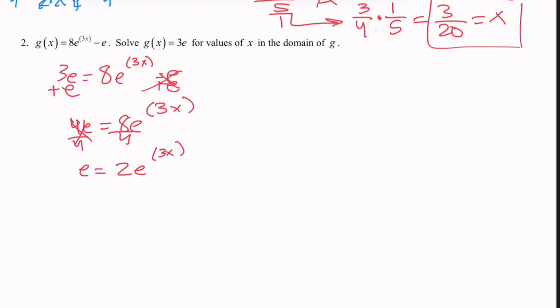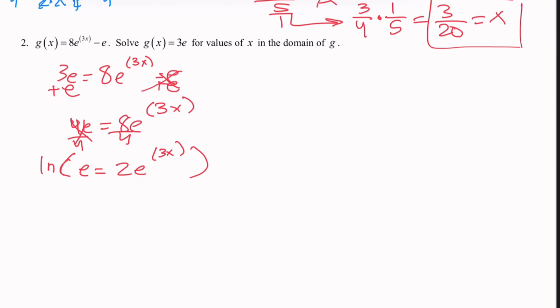I think the trick for when you have e, we're going to multiply the entire thing by ln. So when we multiply, this is ln e, and ln e is basically log of e, right? And whenever the base and the value are the same, it's always going to equal 1, for any number.